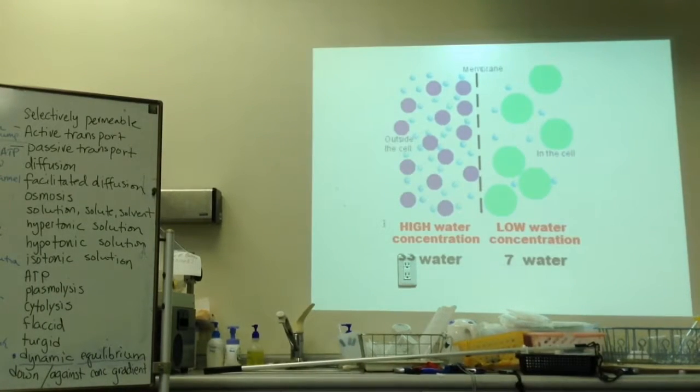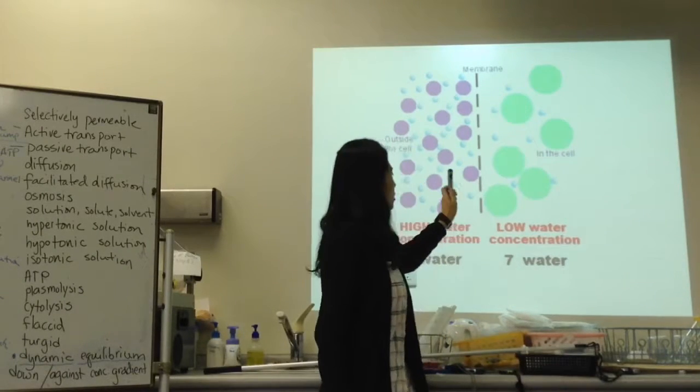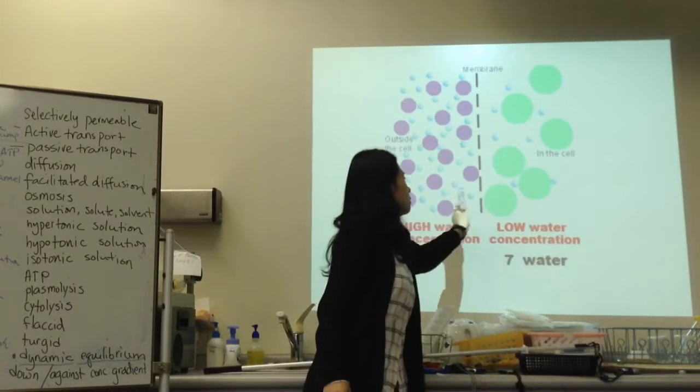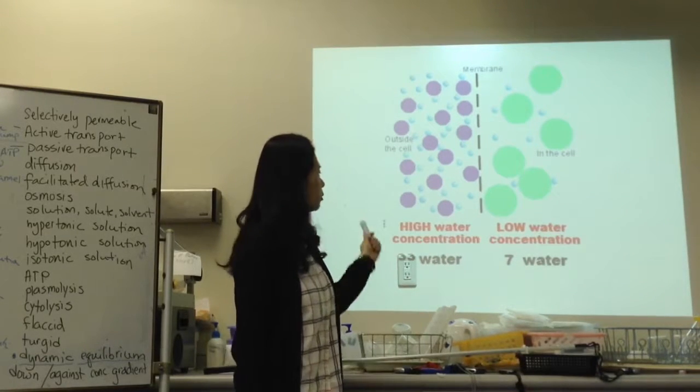All right, what about here? What will happen over time? Only water could go through, going from high to low, wouldn't it? It looks like the gaps are too small for these colored circles to pass, so only water will go.